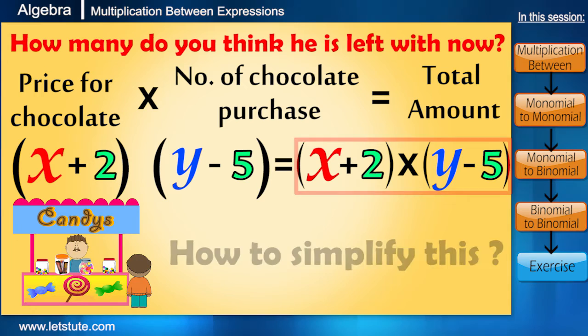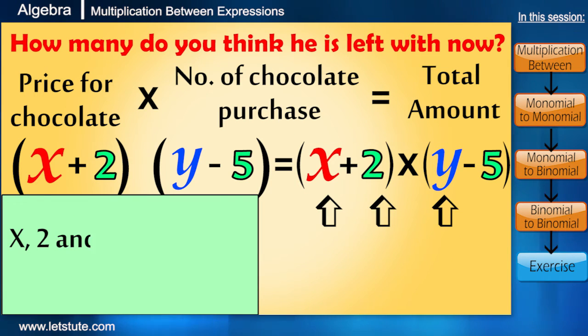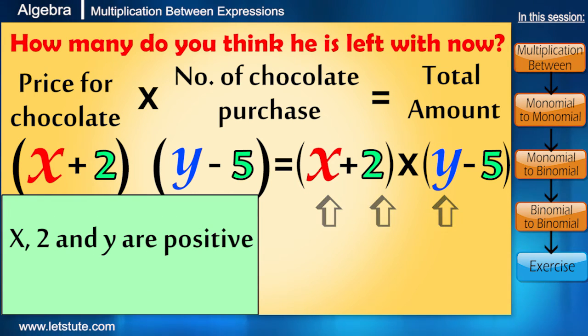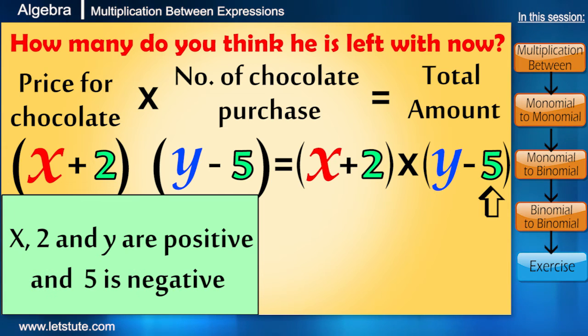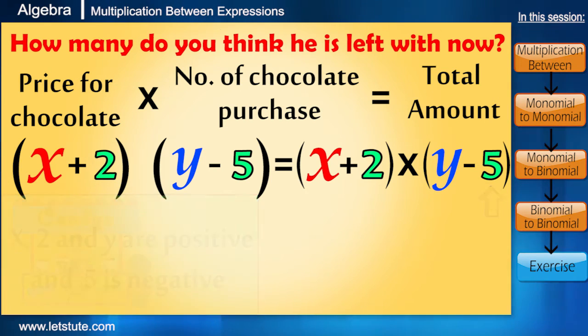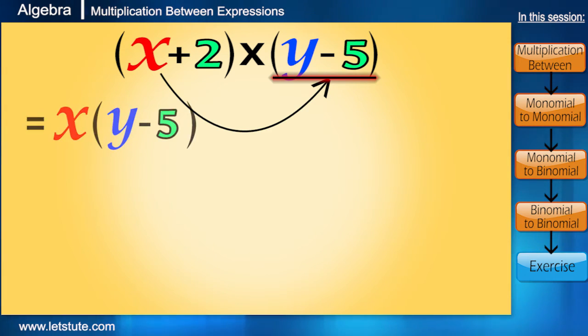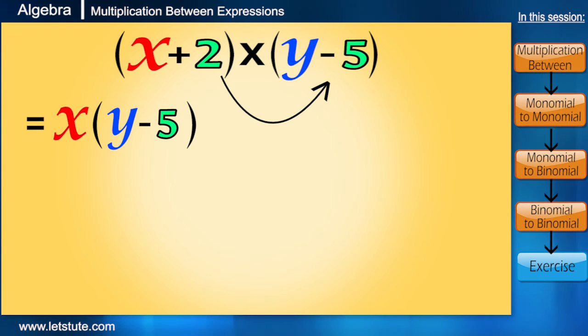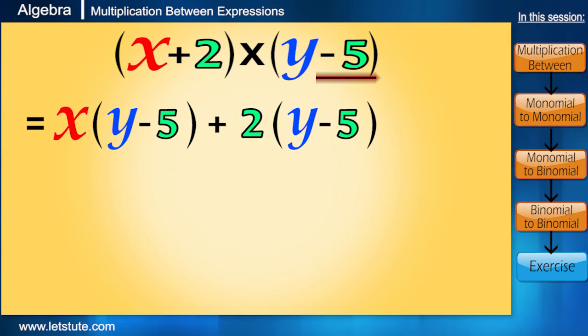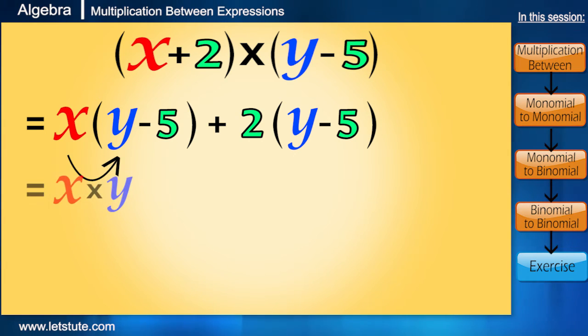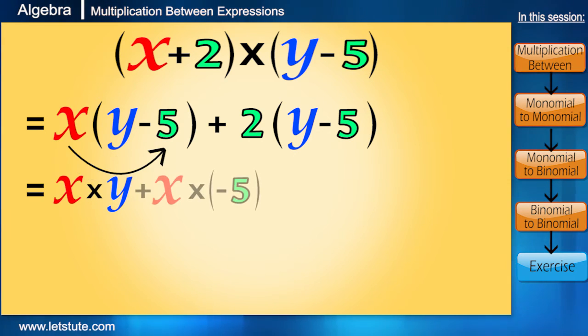Again, please note that here x, 2, y are all positive and only 5 is negative. So we first multiply x with y minus 5, then 2 is multiplied by y minus 5, and as we just learned, we multiply x with y, again x with negative 5, same way this.